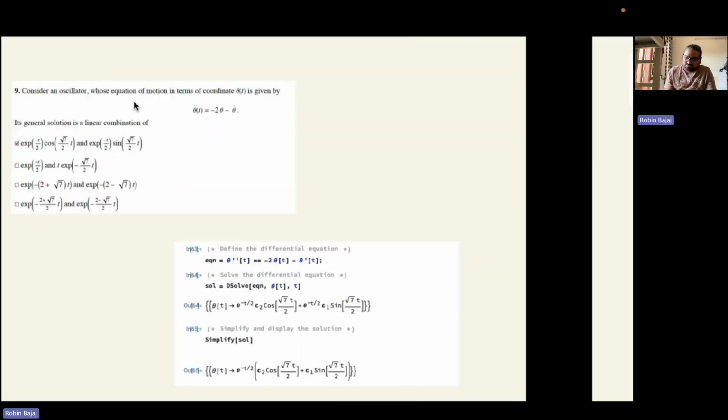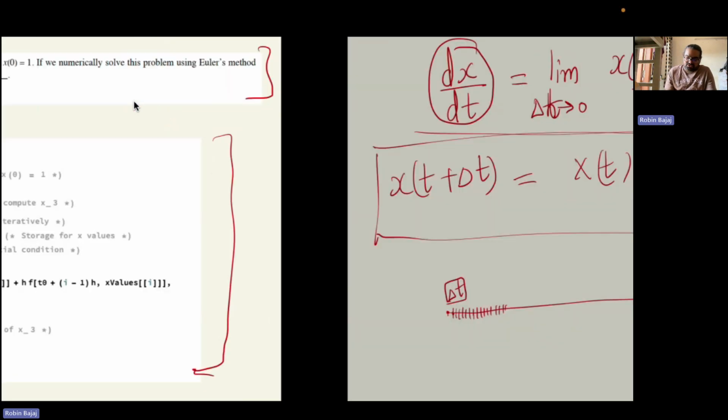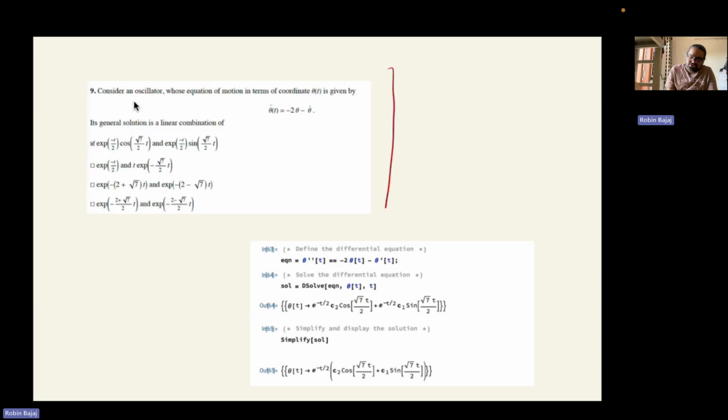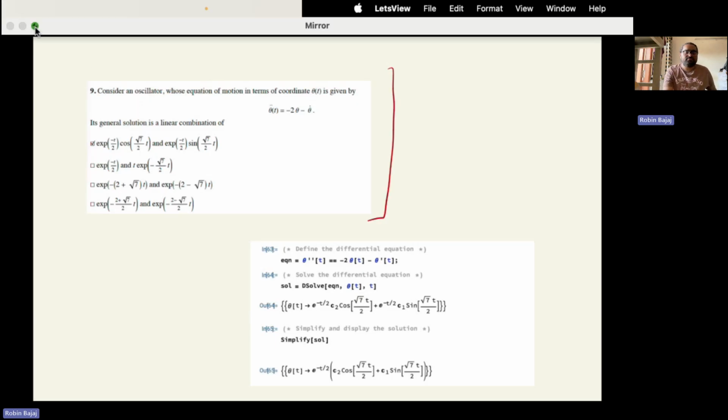So yeah, there are some simple questions over there which you can solve. Now there is this question which is also very simple to do. Let's do it over the Mathematica.